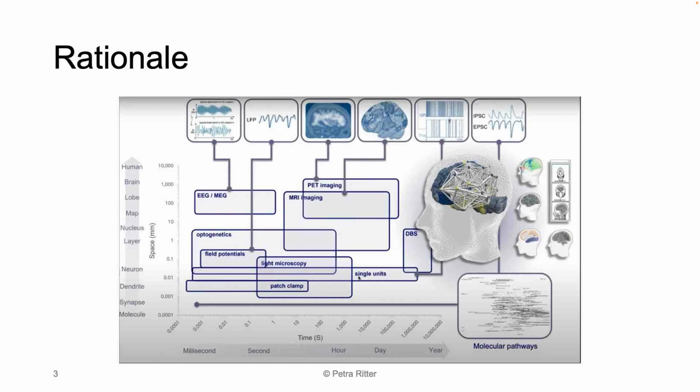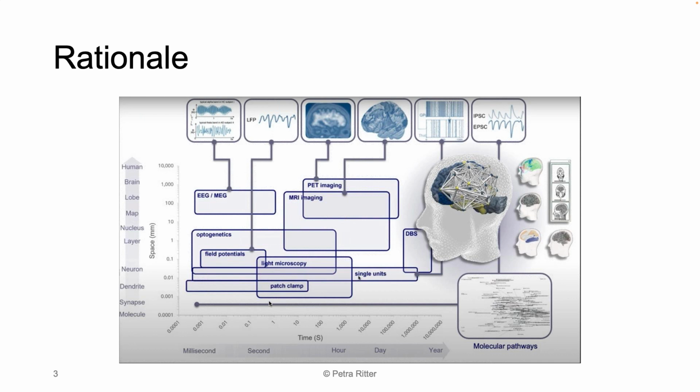You might have come across this slide from our first session of the summer school from Petra Ritter. It shows all those data modalities that could be used for individualized brain models. We have multiple spatial scales and multiple temporal scales, and each data modality has its own methodology, its own experts, its own terminology, its own data structure.